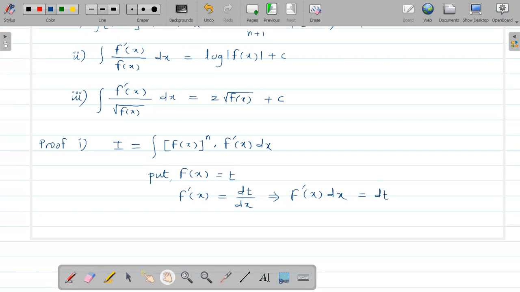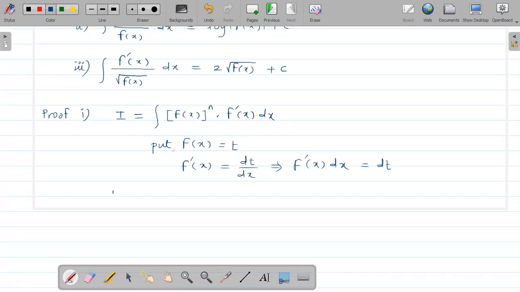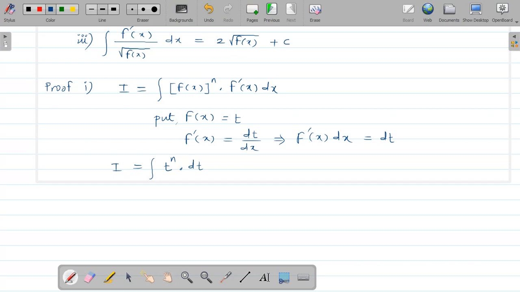So after this substitution, the given integration changes to the integration of t raised to n into dt, because f of x is t and f dash x dx means dt. Now this is the standard form. You know the integration of x raised to n.